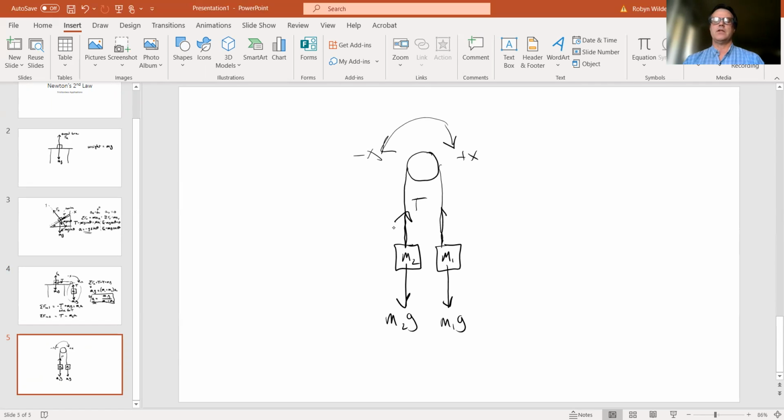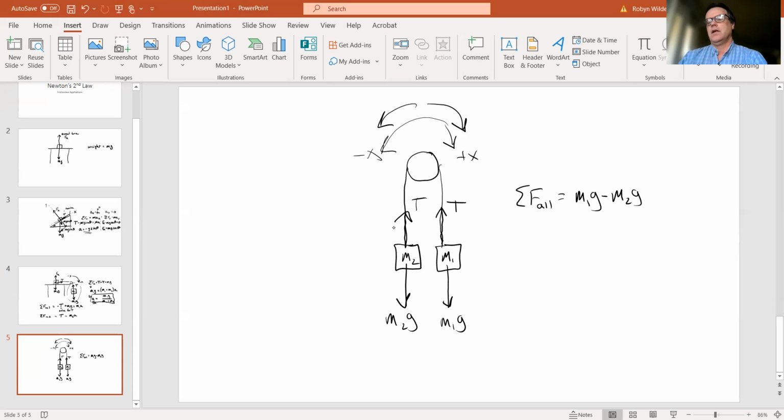But again, all those tension forces will do is hold things together. So let's add up the forces. Not surprisingly, if I add up the forces on the whole system, I get m1g pulling to the right minus m2g pulling to the left.